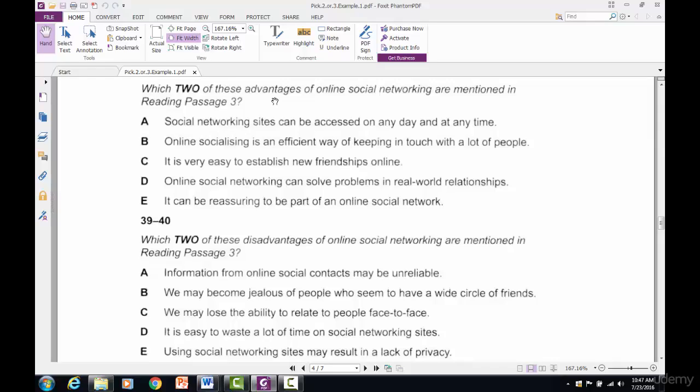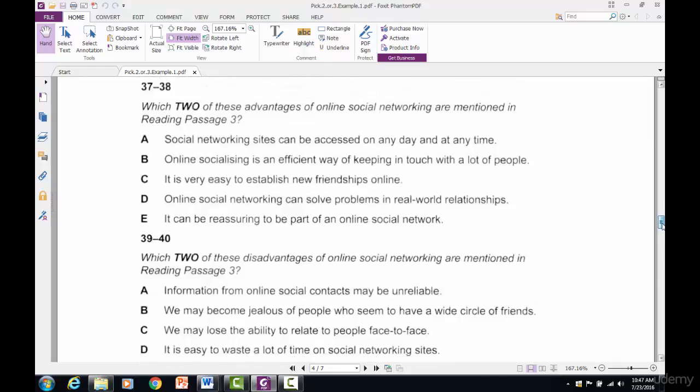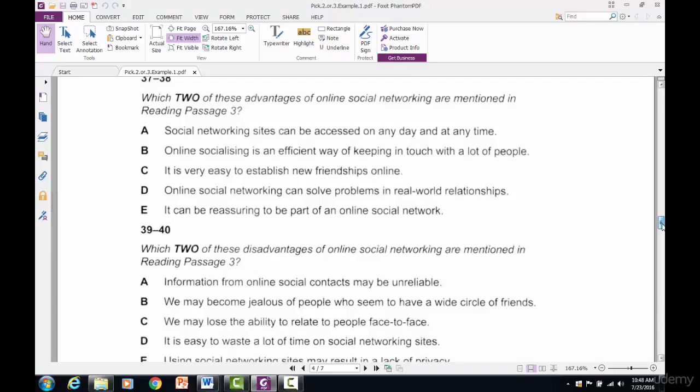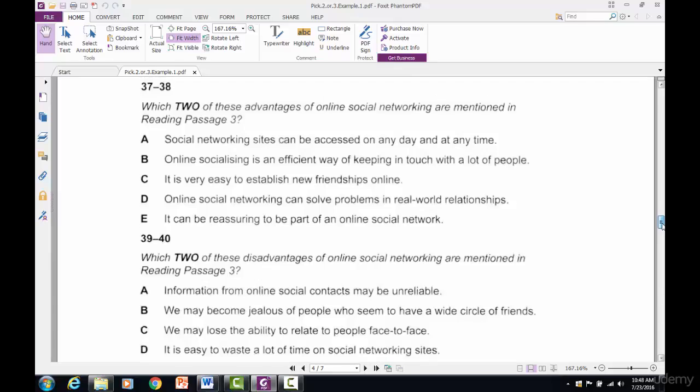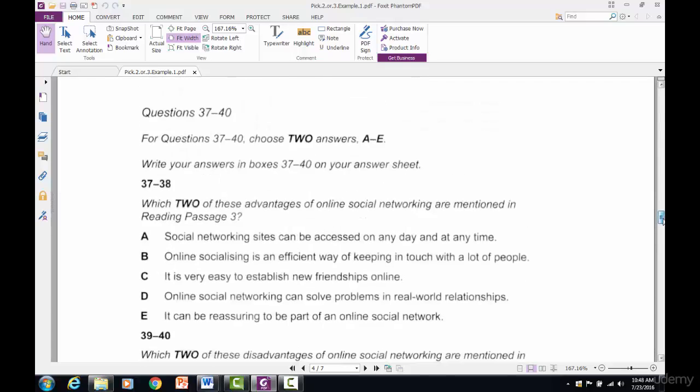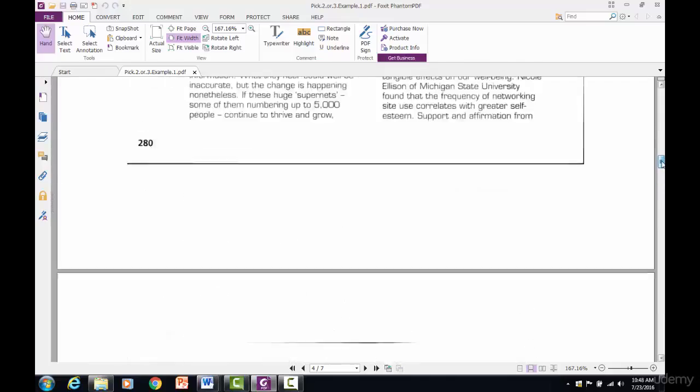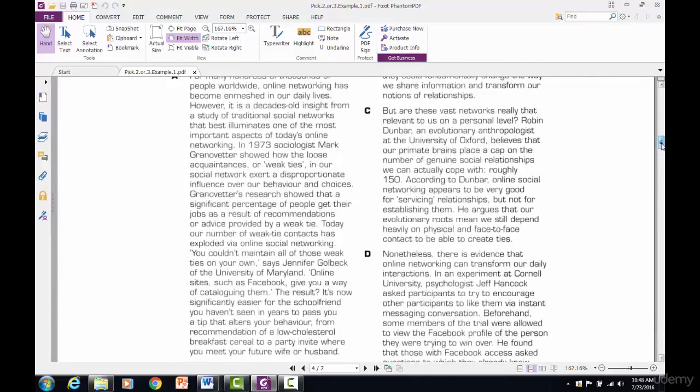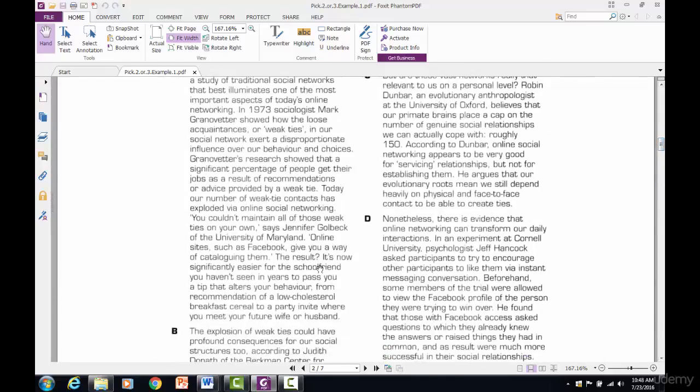So, for this question here, I've already done the other questions in a previous example, but the correct answers for number 37 and 38 were letter B and also letter E. The reason why it was letter B as an advantage is right here in this first paragraph, it talks about the result.